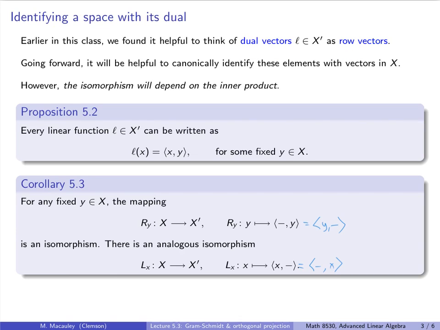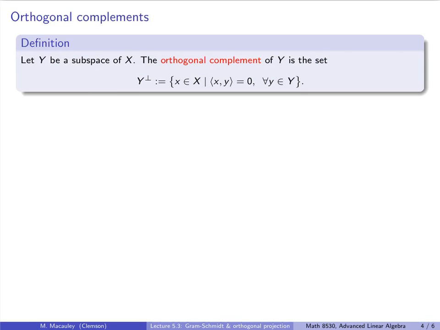Think about these dual vectors as row vectors, and think about regular vectors as column vectors. Now, I can properly define the orthogonal complement of a subspace Y of X as the set of vectors x, or little x, that are orthogonal to everything in Y.